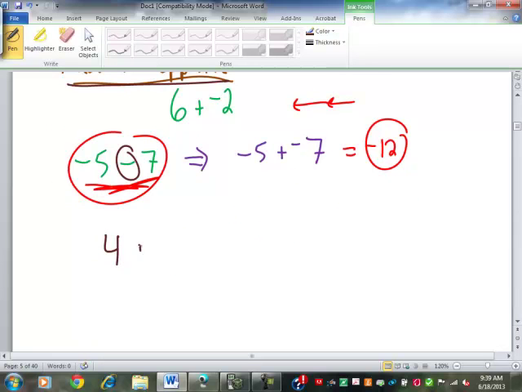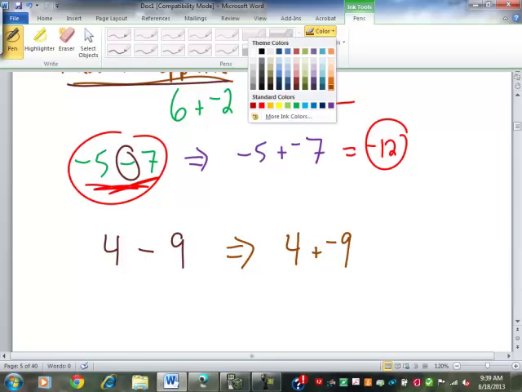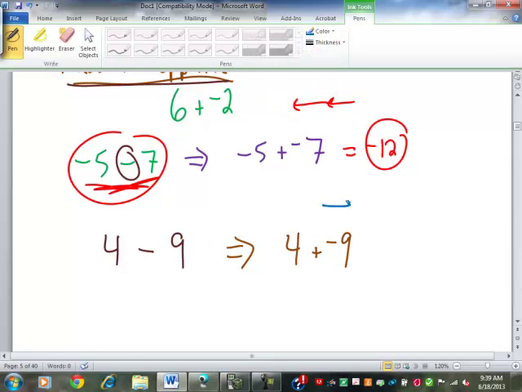So if I have 4 minus 9, it's easier for us to think of that as 4 plus a negative 9. So now this is positive 4. Negative 9 goes the other direction, and it makes it past 0. So the result is negative 5.